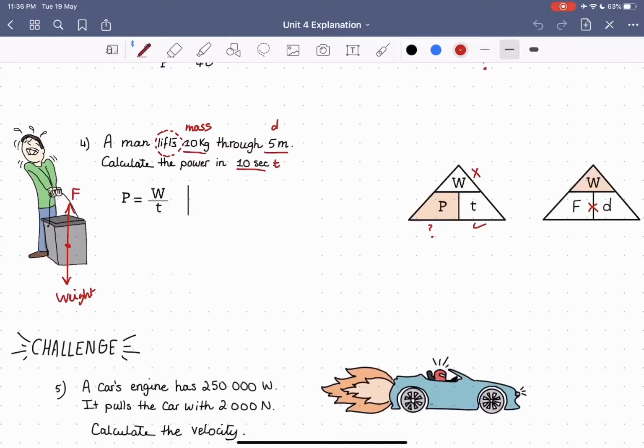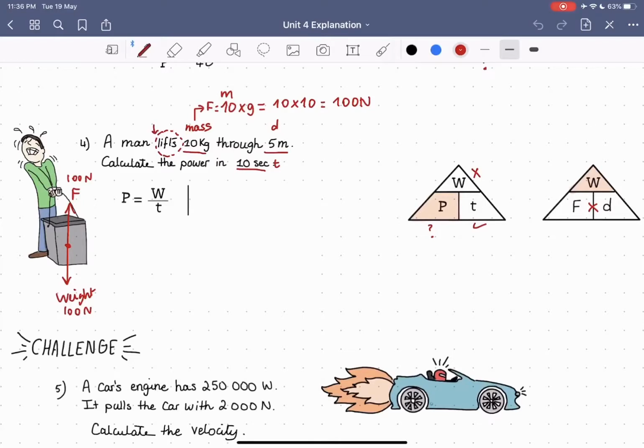So we can say that the force needed to lift the 10 kilogram is equal to the mass multiplied by the gravity. So it's 10 multiplied by 10. That's 100 Newton. So the man needs to exert 100 Newton in the opposite direction of the 100 Newton downward in order to lift the object.